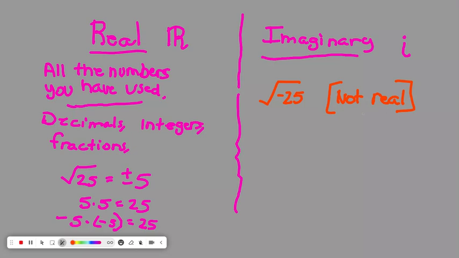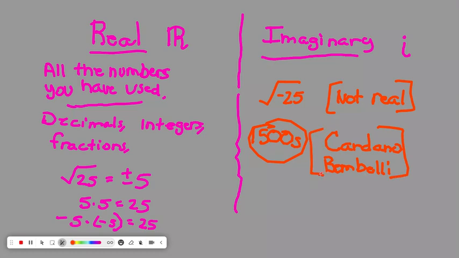They've been around since the 1500s. A man named Cardano, an Italian mathematician, and also Bombelli, if you're curious about these two. Anyway, let's move on. We'll stick with the real numbers for this video until we get to imaginary later on in the course.